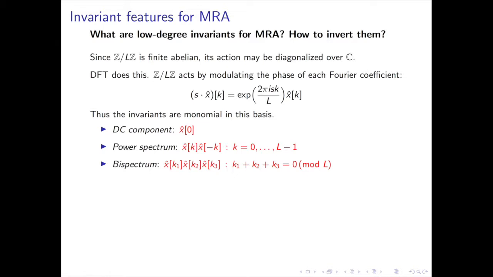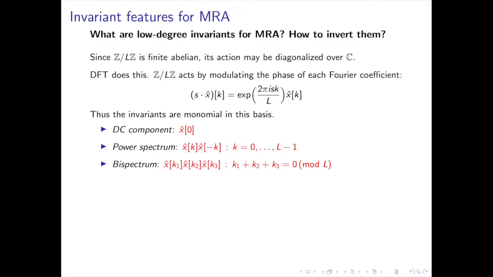First off, Z mod L is finite abelian, so we can diagonalize its action over C, and the discrete Fourier transform does that. When you pass to the Fourier domain, shifts act by modulating phases of the Fourier coefficients. A shift S in Z mod LZ acts on the kth Fourier coefficient X hat by multiplying by a unit modulus complex number, modulating by S times K.